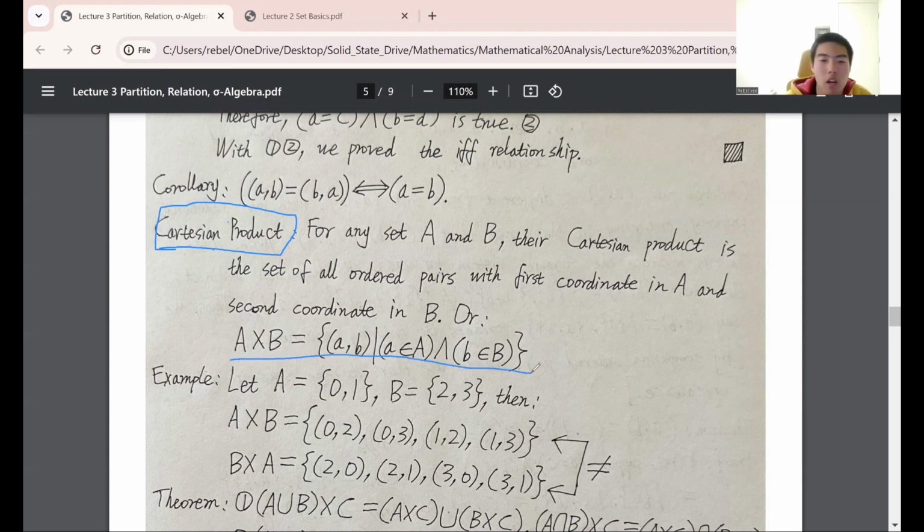A and B can be any sets. The element inside the Cartesian product is in the form of an ordered pair (a, b), where a is from the elements in A, and b is from the elements in B. This is how it was defined.